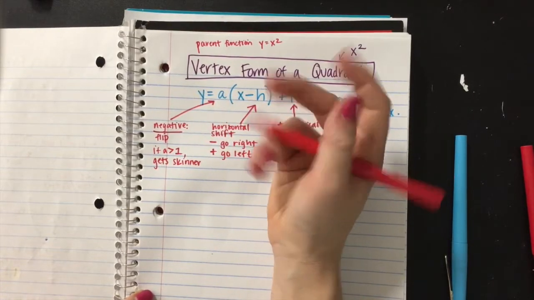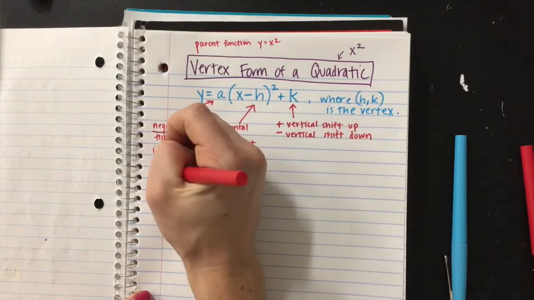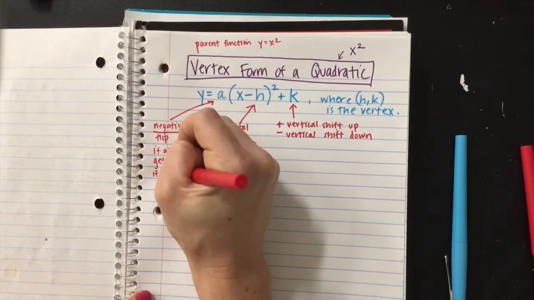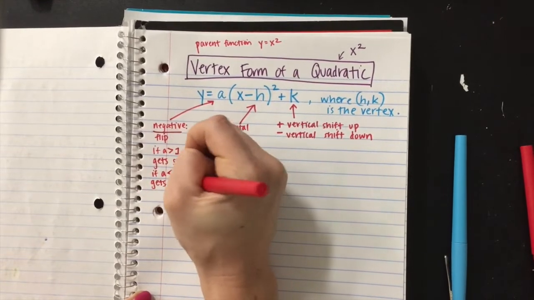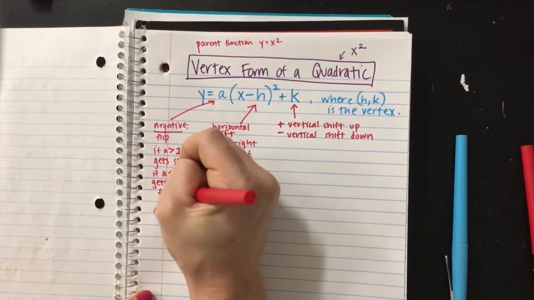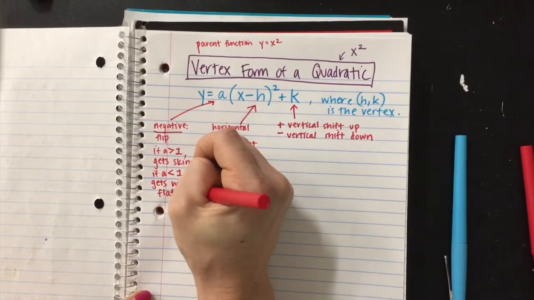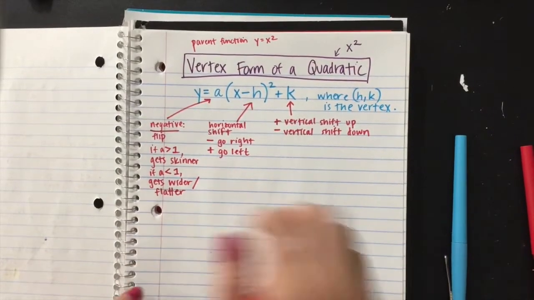Sometimes I call that squishing it. And if a is less than 1, it gets wider. Or you might want to think of it as flatter. Okay, so this is kind of review of what we did last class.